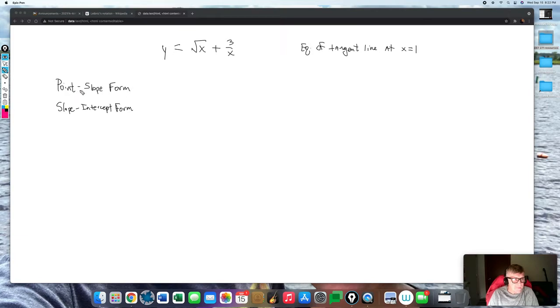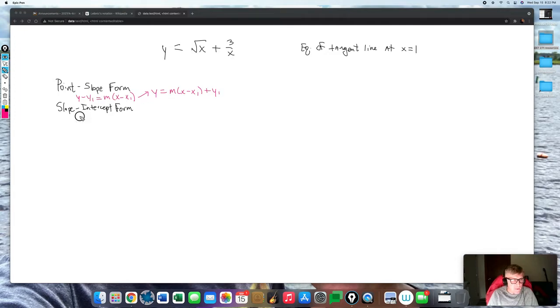So the point slope form is y minus a y coordinate equals slope times x minus an x coordinate. You can also adjust this to y equals slope times x minus an x coordinate, and then take this negative y1 and move it over with plus y1, right? So you can do that.